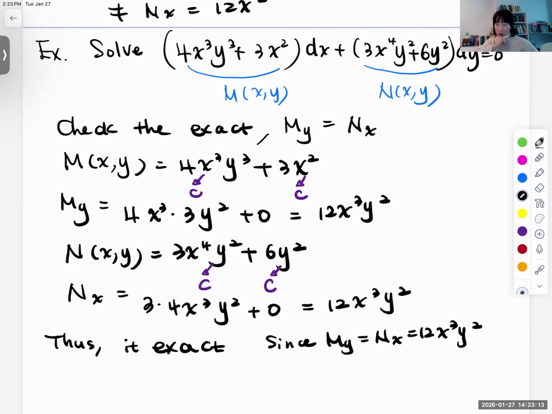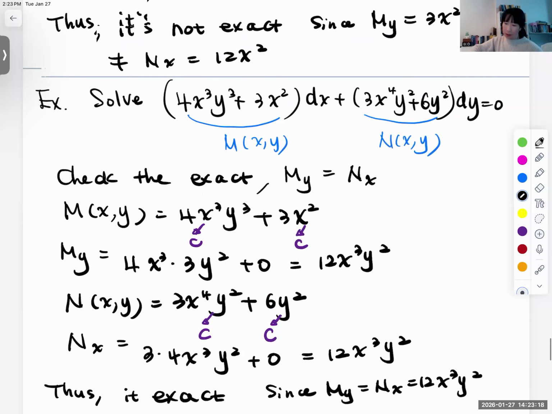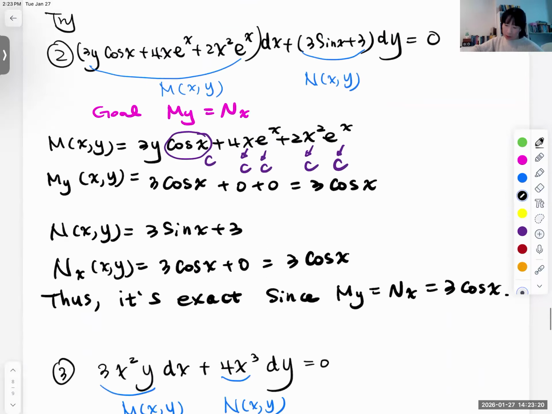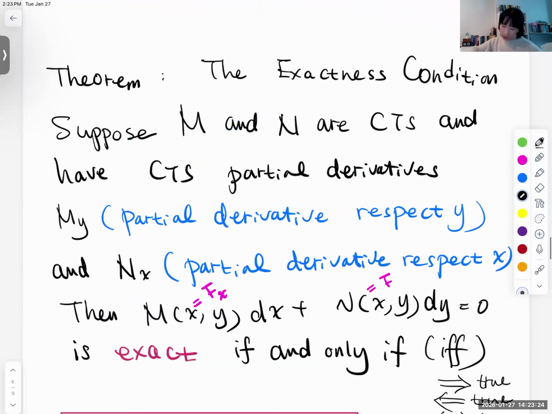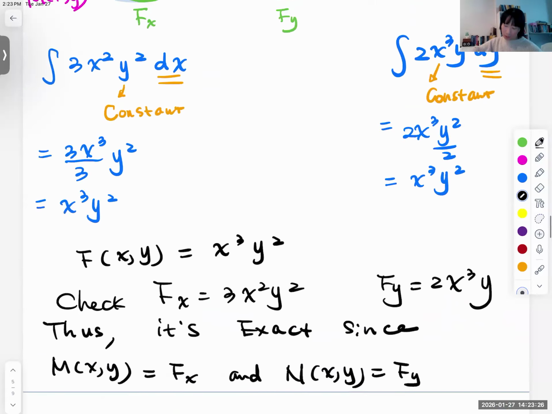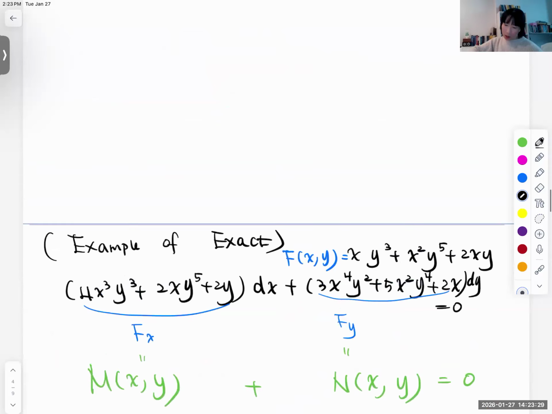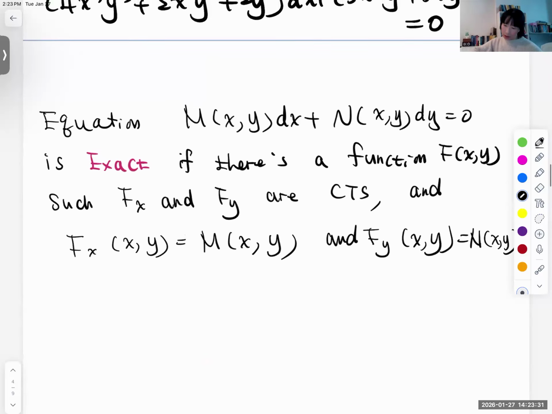Now, why do we need this? Because look, where's the theorem? Exact. So I want to show that.